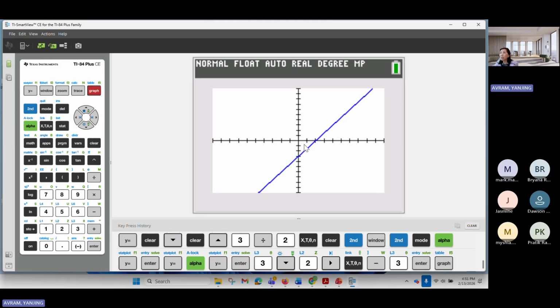All right, so look at it. I have an x-intercept here. This is x is 2, y is 0, right? And then this one, the y-intercept: when x is 0, y is negative 3.